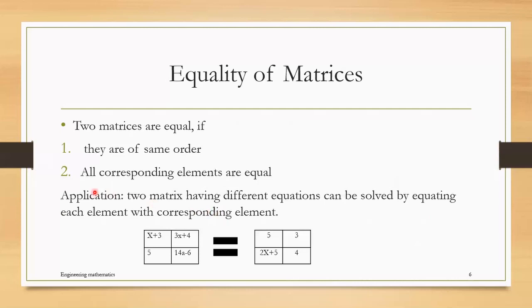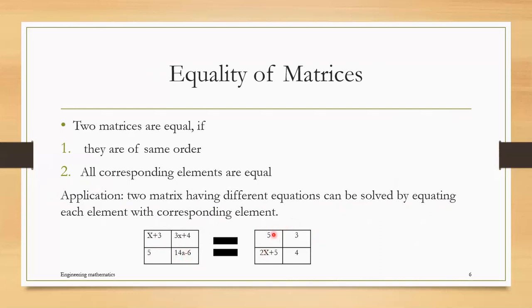And how do we use this? When two matrices have different equations, they can be solved by equating each element with its corresponding element. Like here, we have two matrices. This matrix represents the equations. Here, this element is an equation, this element is an equation, where x is unknown, and here a is unknown.